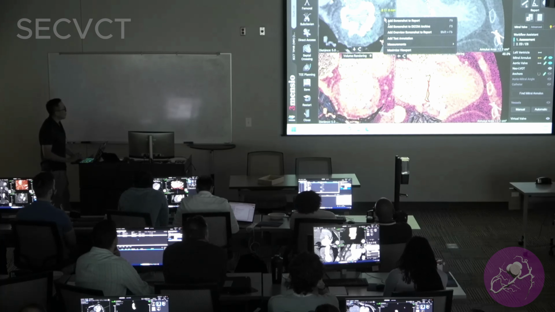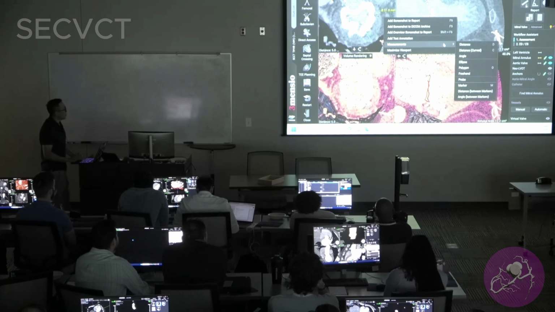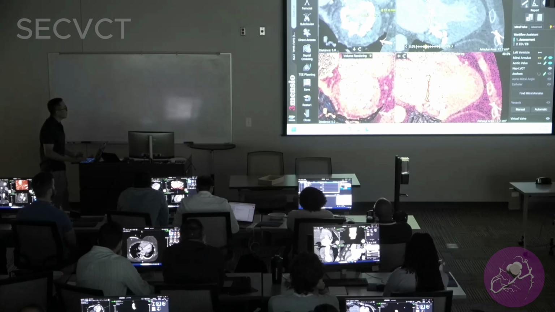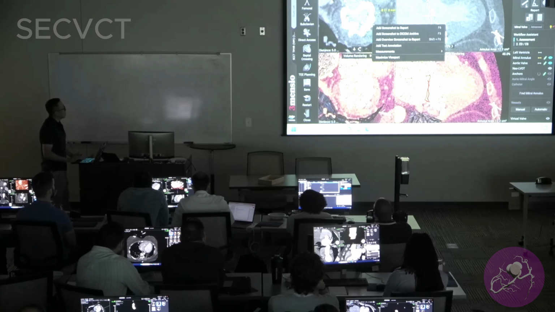And then I'm going to make another measurement of the AP dimension, so roughly here to there, right? If you didn't have any anterior MAC, this would go all the way up to here, and the valve would just kind of tip over and fall through into the LVOT. But the one that matters the most is this intercommissural distance, which is usually the widest.